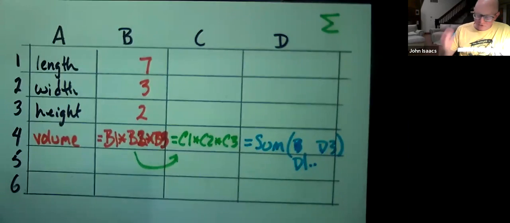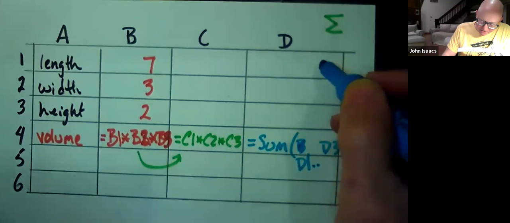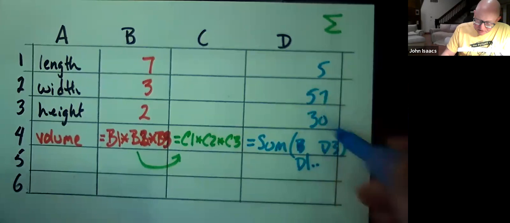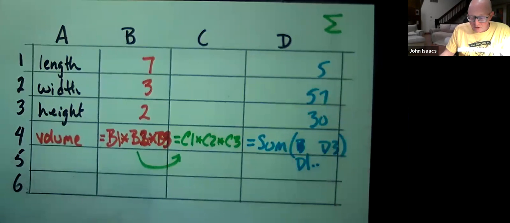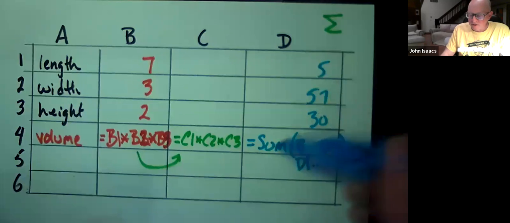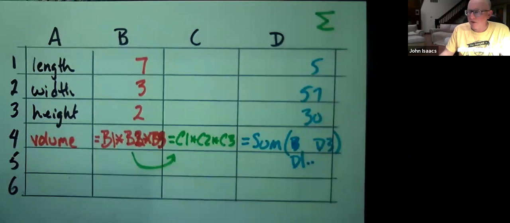So if these numbers were 5, 57, and 30, what would that read? 92, of course, 92. If you change those numbers, the sum will change. So these calculations just keep happening automatically.